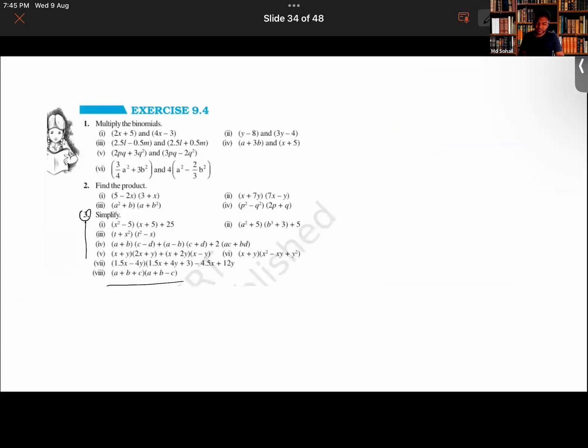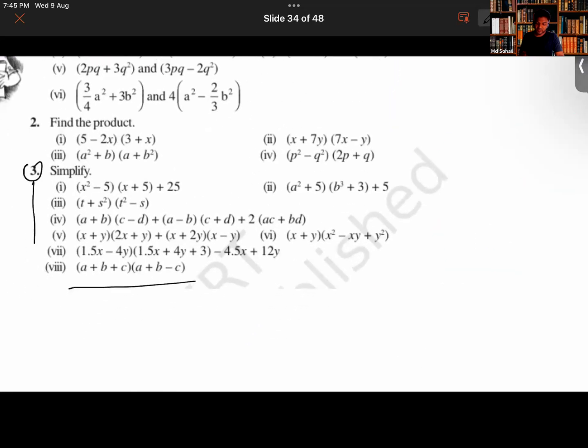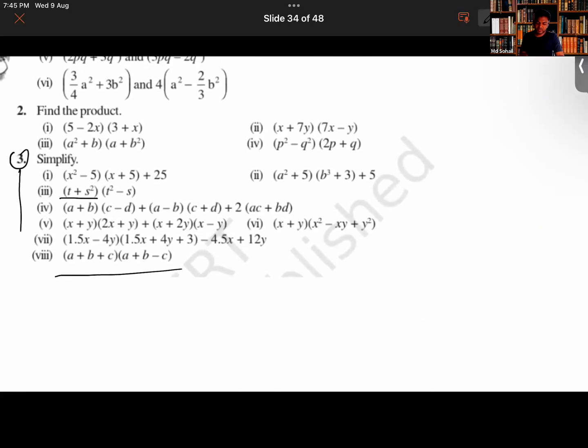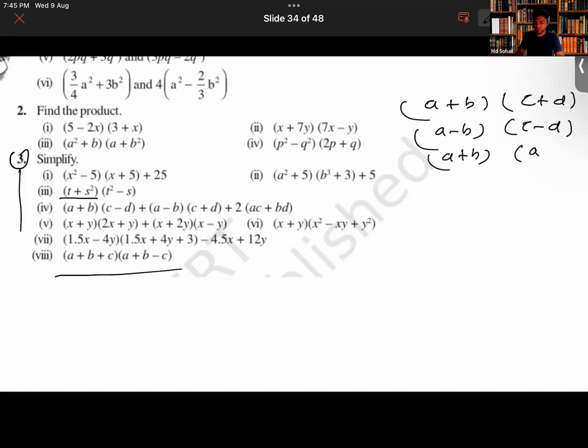Just remember the basic concepts, right? So here you are having two terms like this, a plus b, and then c plus d, or a plus b into c minus d, right? So if you are having a plus b then c plus d, or a minus b then c minus d, or a plus b then a plus b, like this term, or a plus b and then a minus b.